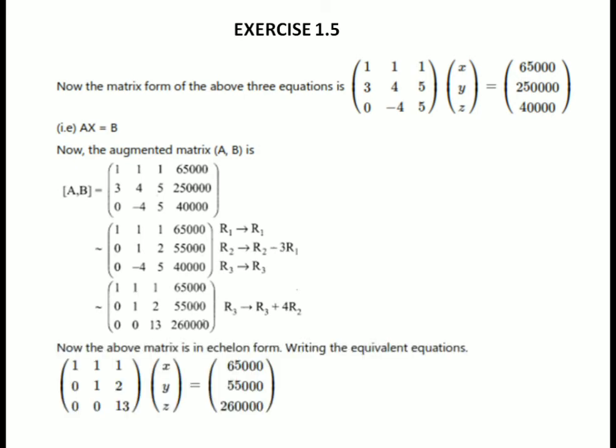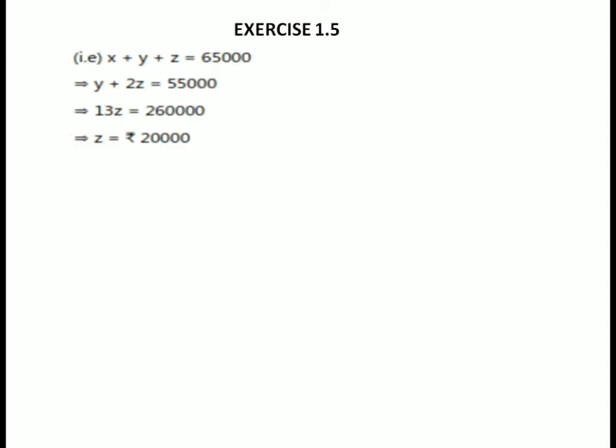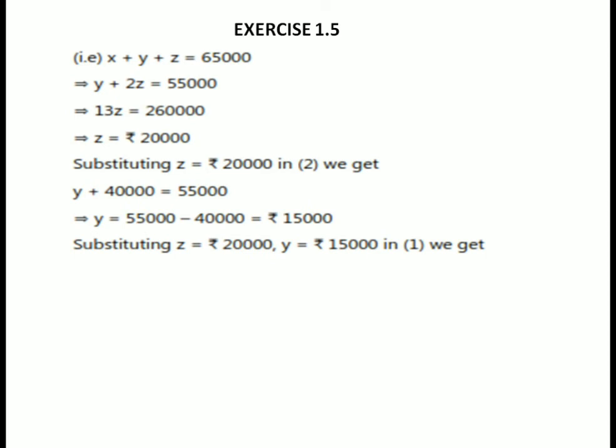The above matrix is in echelon form, write it in the equivalent equation. You get 3 equations. Last equation, third equation you simplify, z value is 20,000. Then substitute z value in the second equation, you get the y value is 15,000.